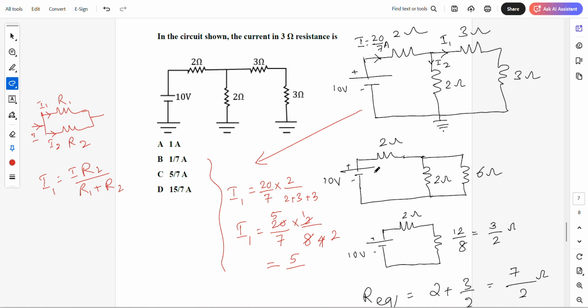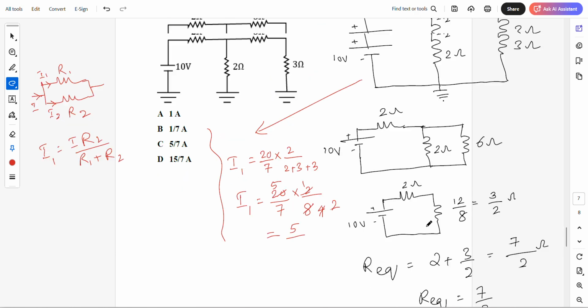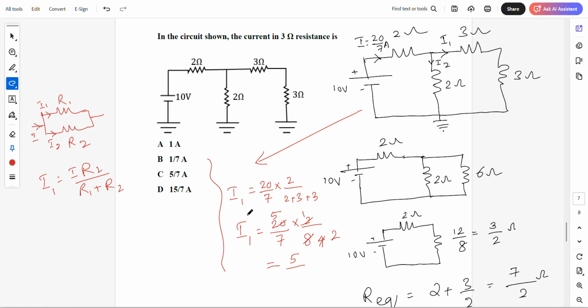See here we are getting 20 by 7, the current flowing. What is the resistance of the other branch? 2, right? And the sum of the resistances: 2 plus 3 is 5 plus 3 is 8. 20 by 7 into 2 by 8. Understood? Now I can write 4 times, this cancels. 5 times cancels.